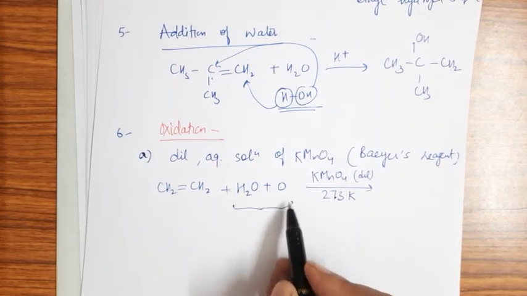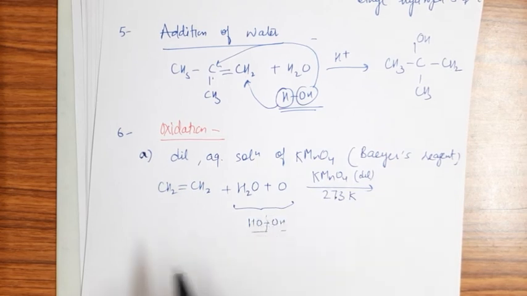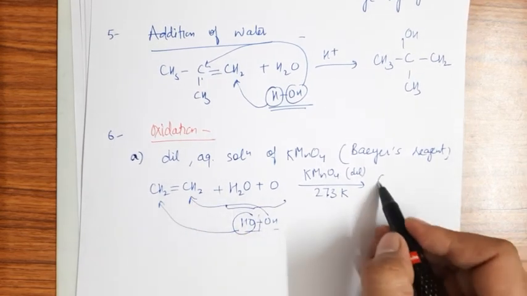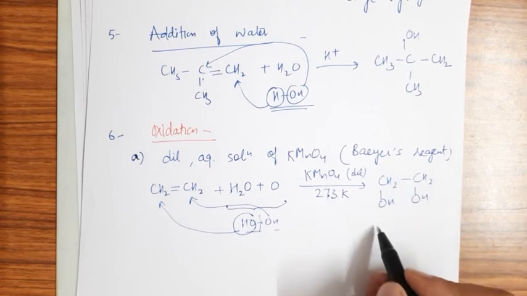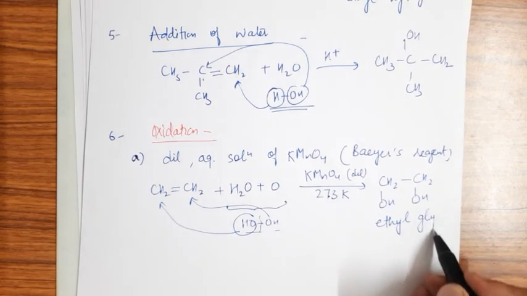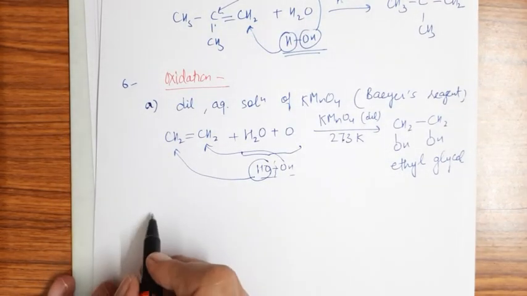So this H2O gives 2 OH in this way, one attached here and second attached here, and this will be converted to vicinal glycol. Here it is ethylene glycol. Vicinal means adjacent position, at adjacent positions there will be 2 OH groups, right?